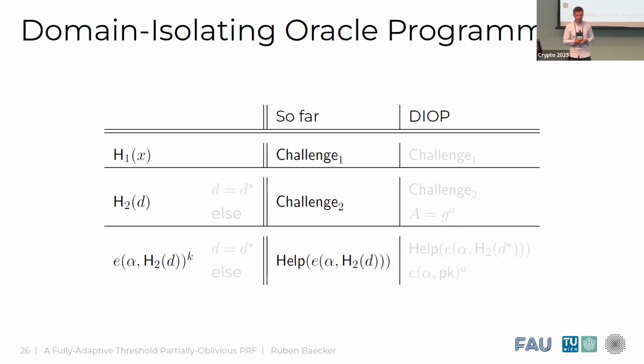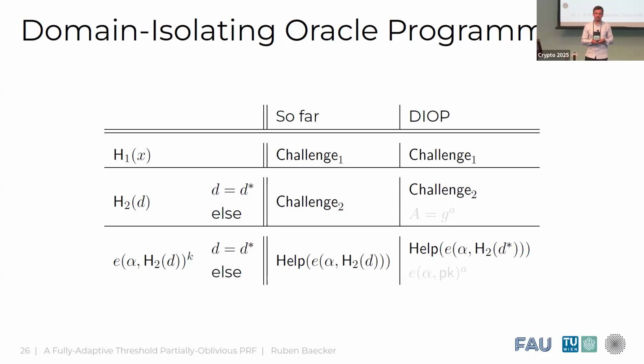We can see what that means in comparison to the proof as it was so far. There we just return challenge elements and use the help oracle for exponentiations. We're also returning challenge elements for the first random oracle. But for the second one, we distinguish between the special domain where the break happens and all other domains. For that special domain, we continue just as before: we return challenge elements and use the help oracle for exponentiations.